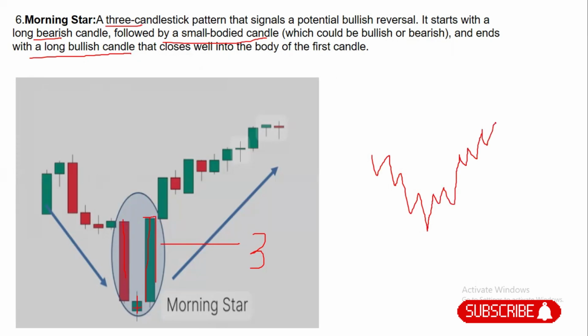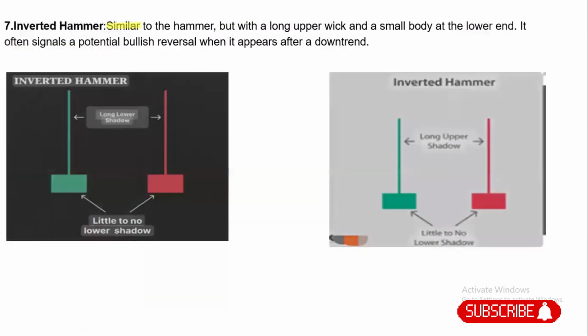So let's go to the next one. Now we have the inverted hammer. Similar to the hammer we discussed, the inverted hammer has a long upper wick, right, and a small body at the end.